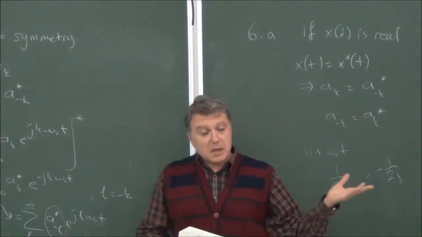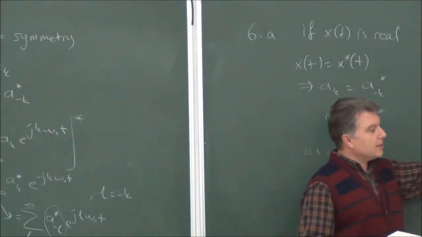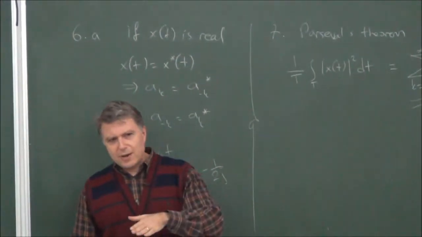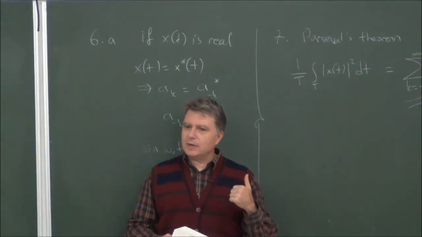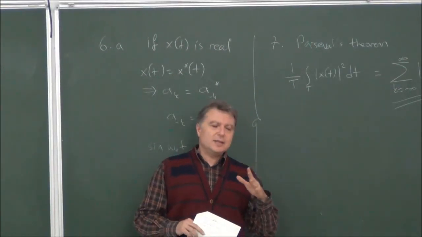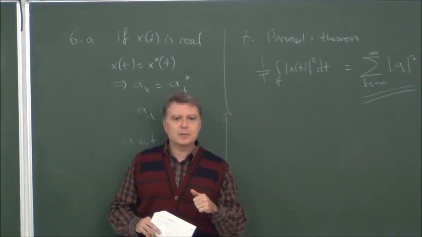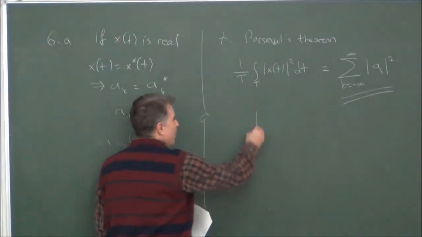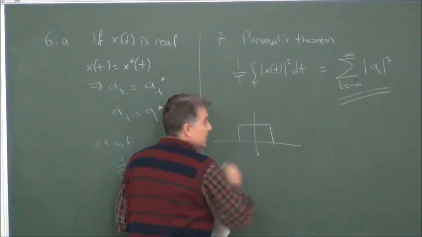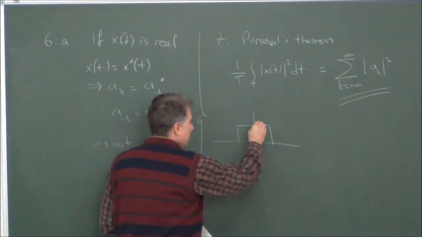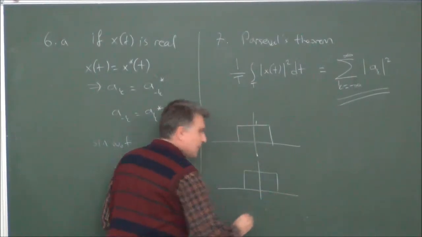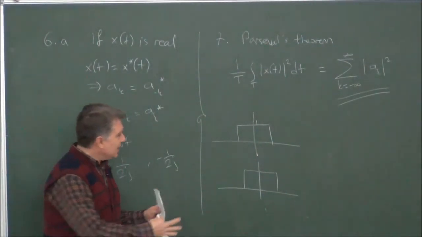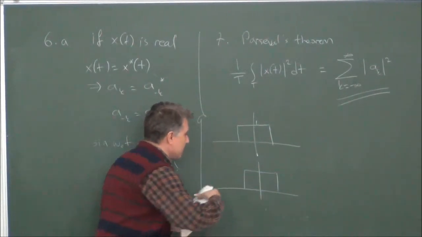For other signals, maybe it's easier in time domain. For example, for square waveforms, it's easier to evaluate the power in time domain because the square of this, the magnitude is 1, is the same. It's the same thing. And the integral of this is just an area.